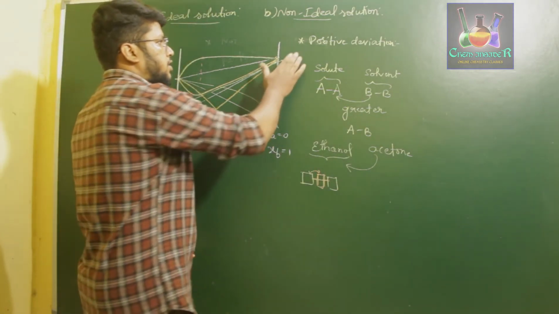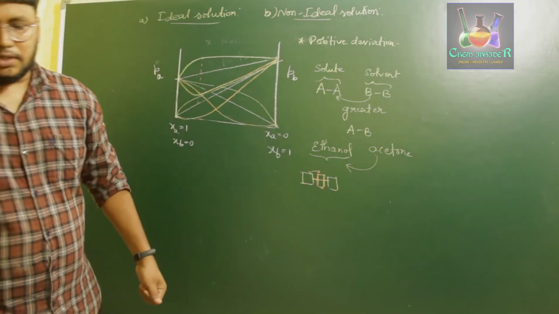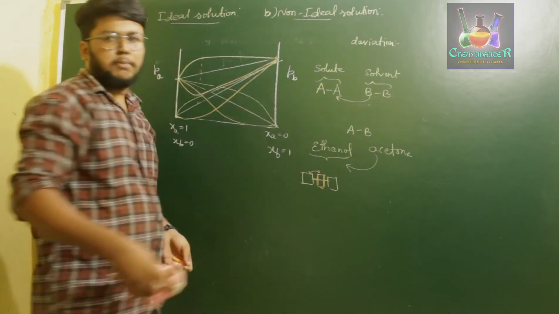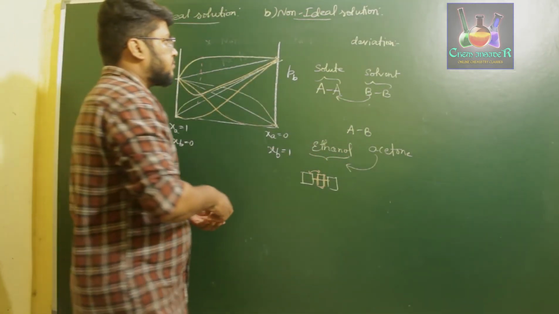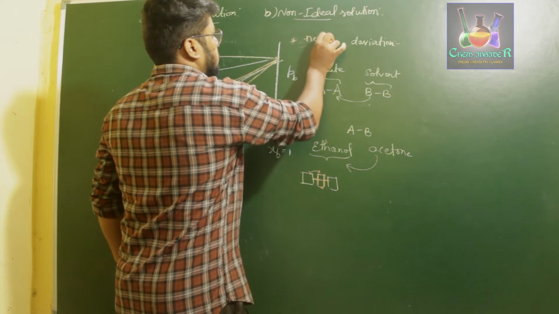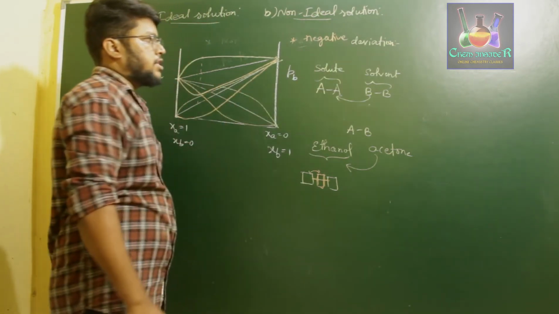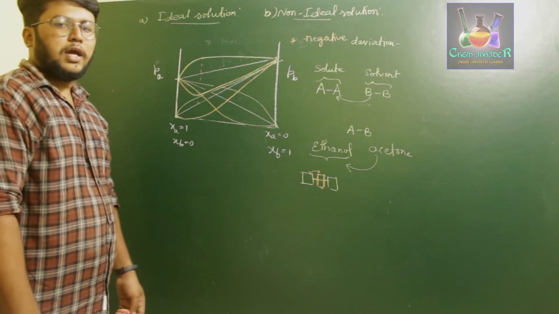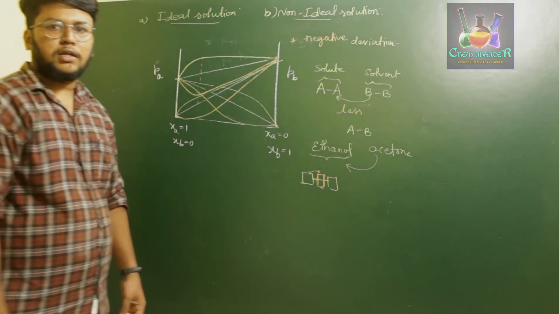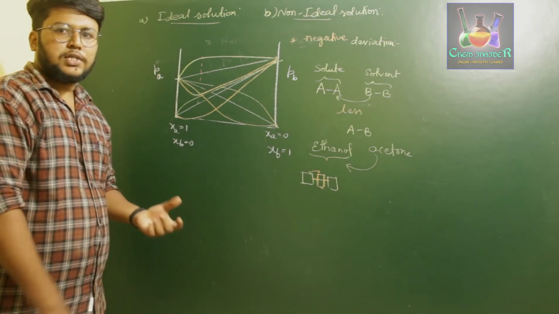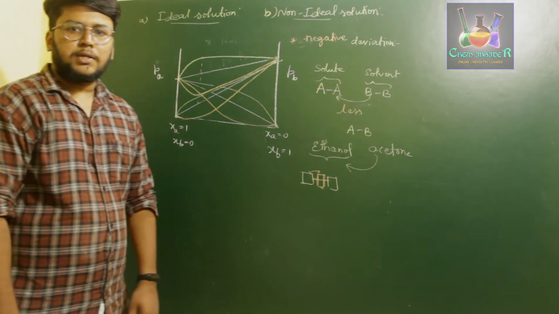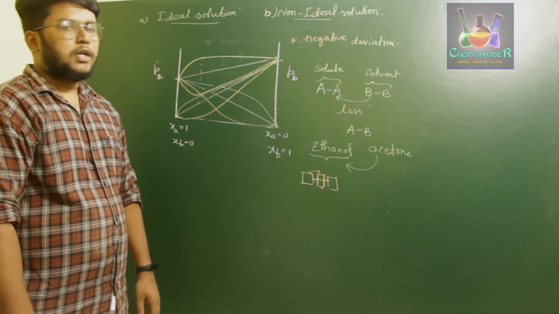Similarly, negative deviation is observed when the interaction of AA particles and BB particles is less than the interaction of AB particles. Then the compound will show a negative deviation.